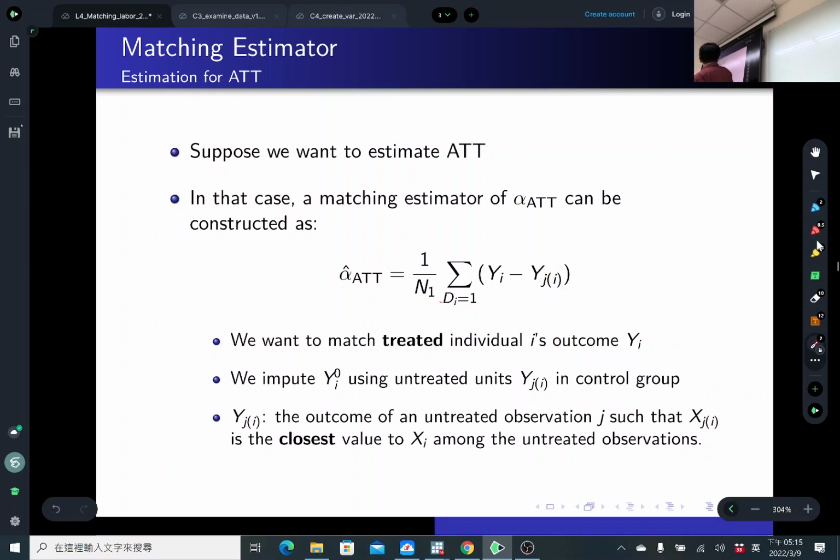For each individual I in the treatment group, you find corresponding units in the control group with similar values of some characteristics. You do this process for each individual in the treatment group and take an average of this difference, and you get the average treatment effect on the treated.